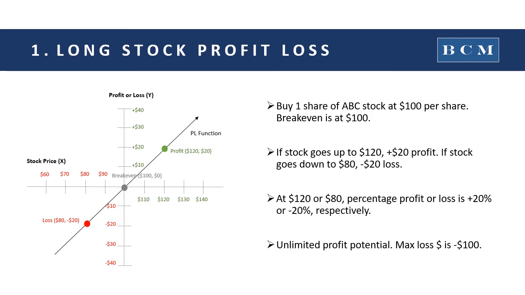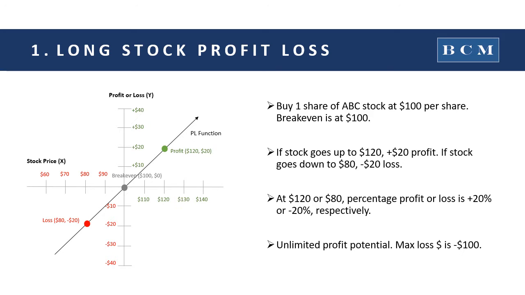The y value is 0. That's because we bought the stock for $100. So 100 is our break-even price. At $100, we have 0 gain or loss. That's shown as the gray dot marked as break even on the diagram.